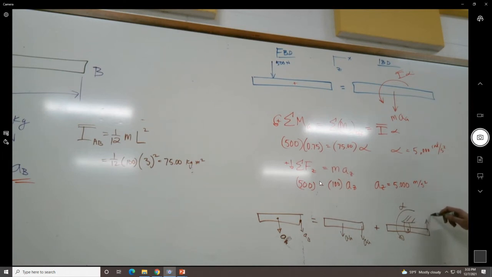So here's the acceleration of B with respect to G in the tangential direction. Now this thing's starting from rest, so there is no normal direction. There's no acceleration in the normal direction like we had previously done.